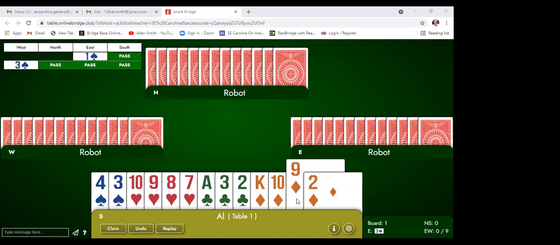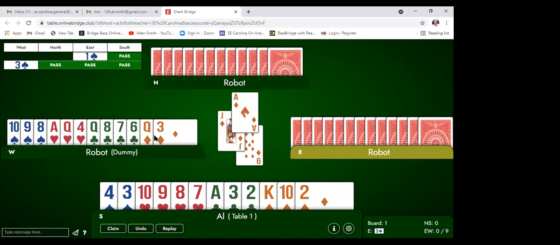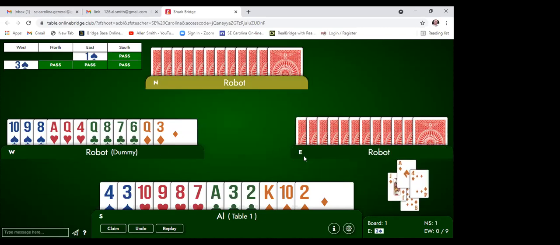So we've chosen the diamonds to lead, and we've got a code at 9 that we can do here. We're going to lead the 9 of diamonds. Our opponent is going to cover that with the jack, and our partner is going to take the ace and return another diamond to us.